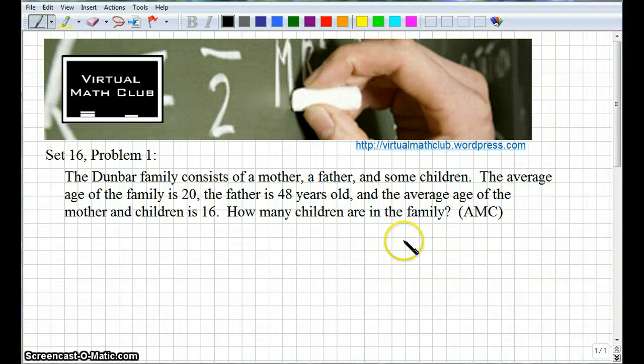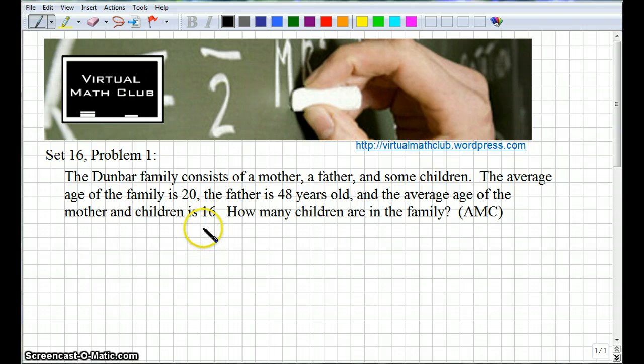Alright, well, we're given some information here. So actually what I'm going to do is define a couple of variables. Now, because I'm given the average, I want to define the things that go into calculating the average.